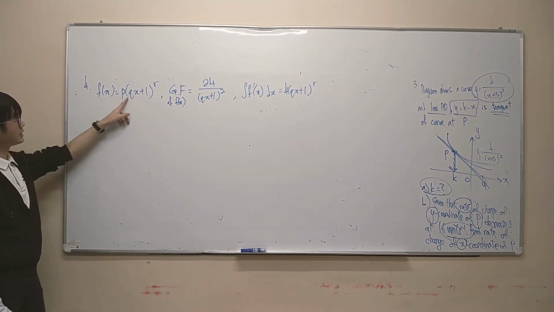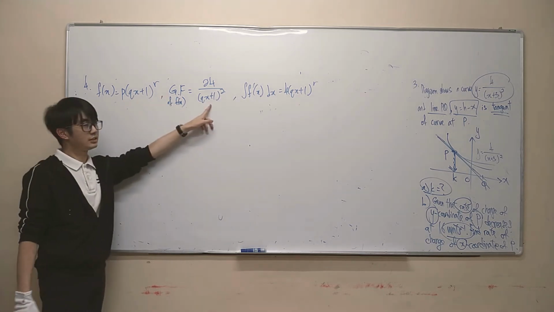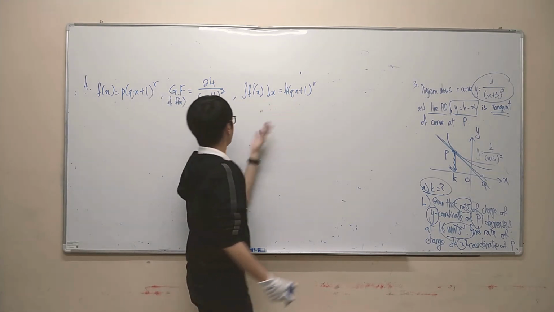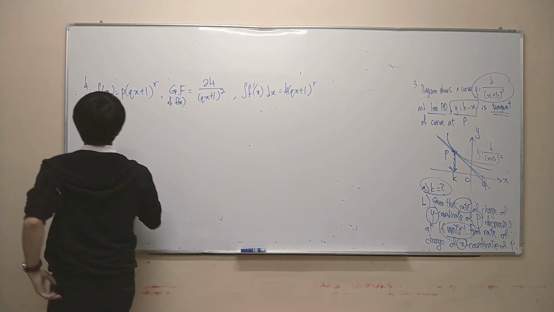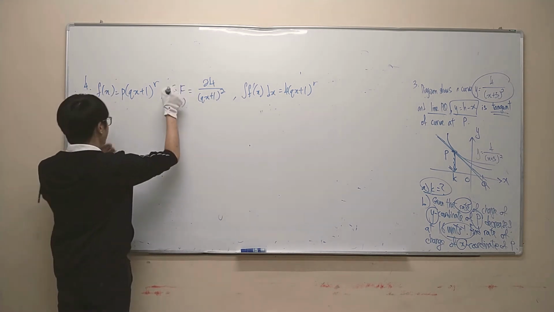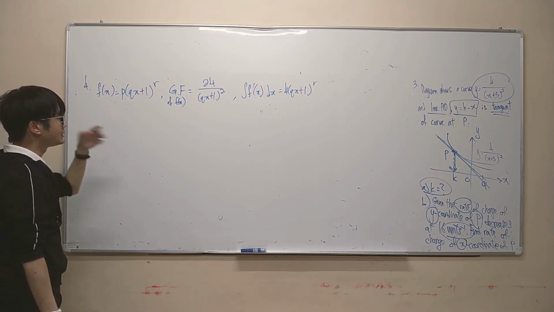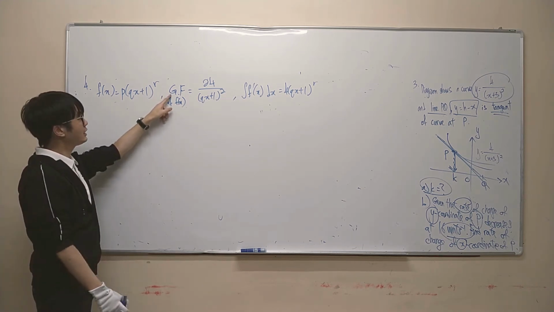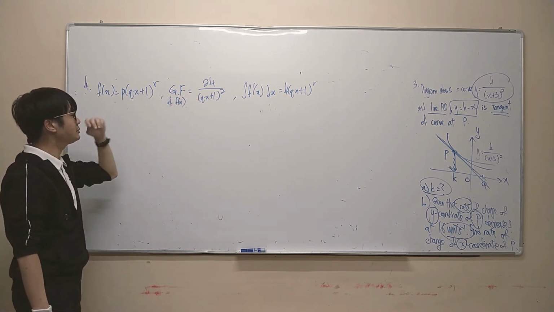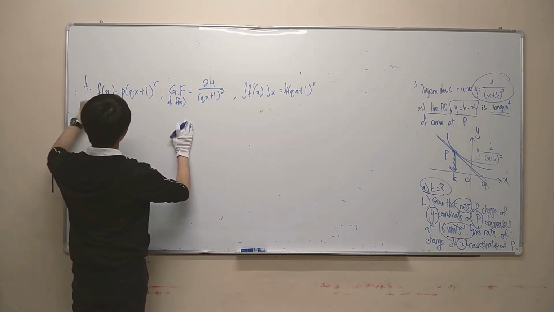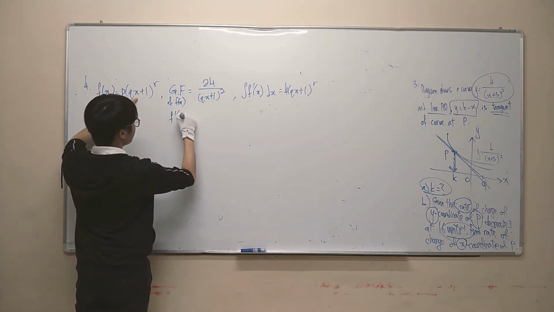Okay, so f(x) is this, the gradient function is this, and the integral is this. Alamak, how? First of all, what's a gradient function? Gradient function means after differentiating. So when you see the words gradient function, it means after differentiating. If f(x) is this, then it is f prime x.